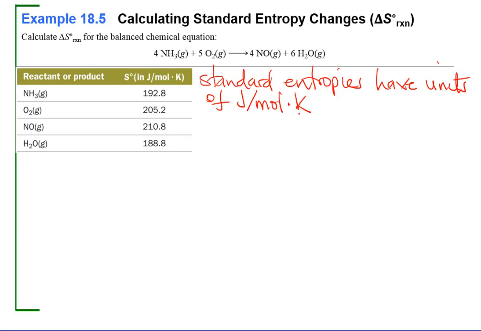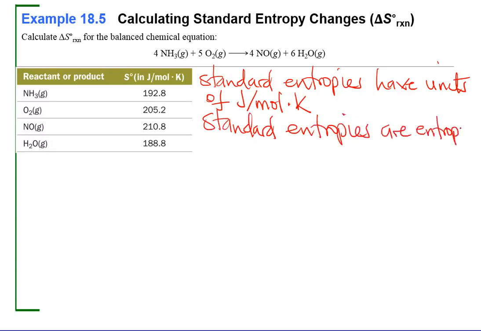So standard entropies are entropies of 1 mole of a substance.